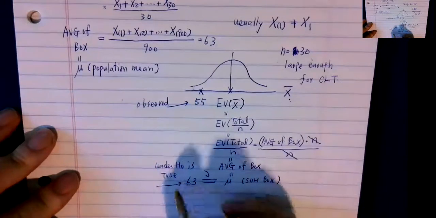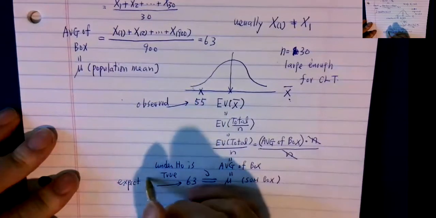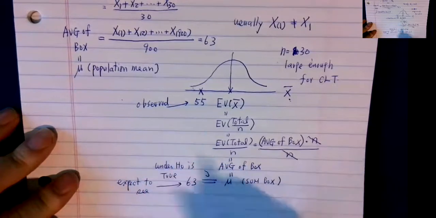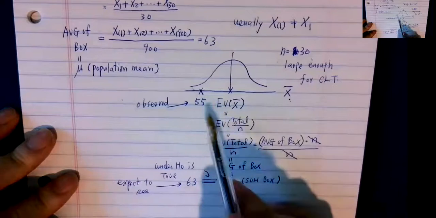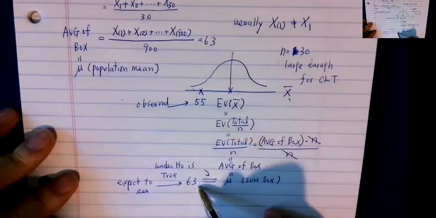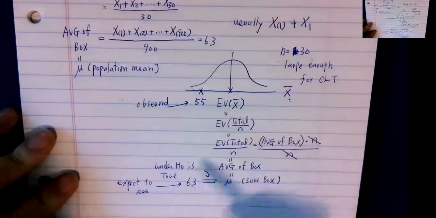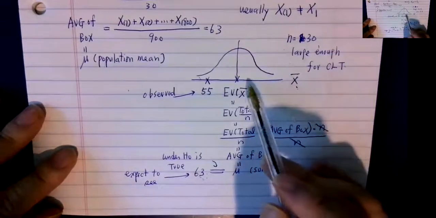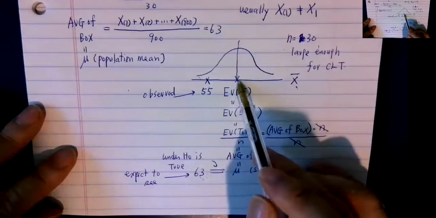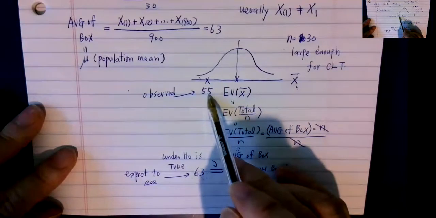But what you expect to see is 63. Okay? You want to know whether this difference is created by chance error or because PA did a lousy job. Okay? Are you with me? So let's see. Under H0 is true, we expect to see 63, but what we observe is only 55.